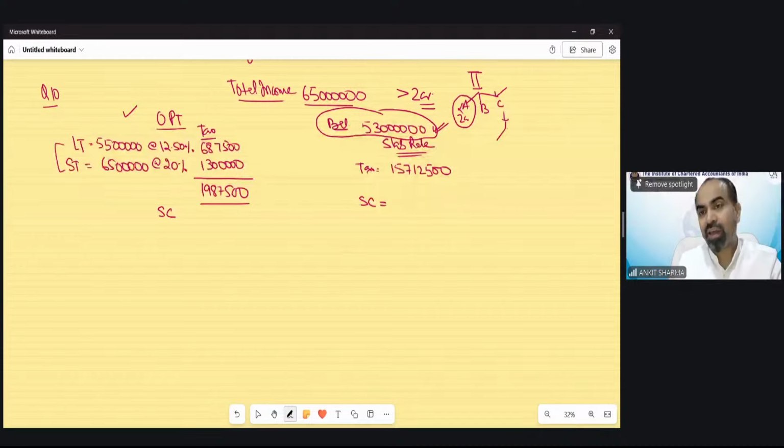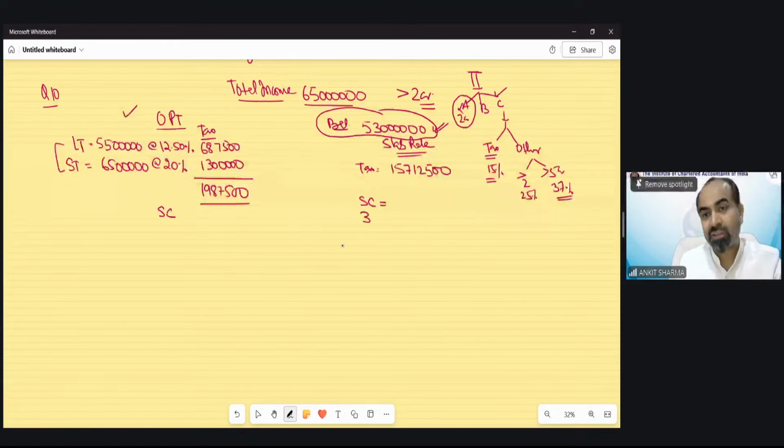According to case C, on the special rate category income, a 15% surcharge would be applicable. And on other income, under the optional regime, if it is more than 2 crore up to 5 crore, the rate would be 25%. If it is more than 5 crore, the rate would be 37%.